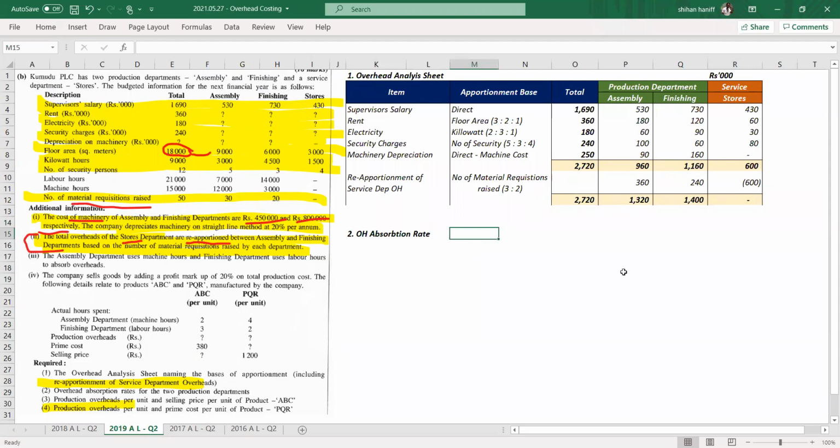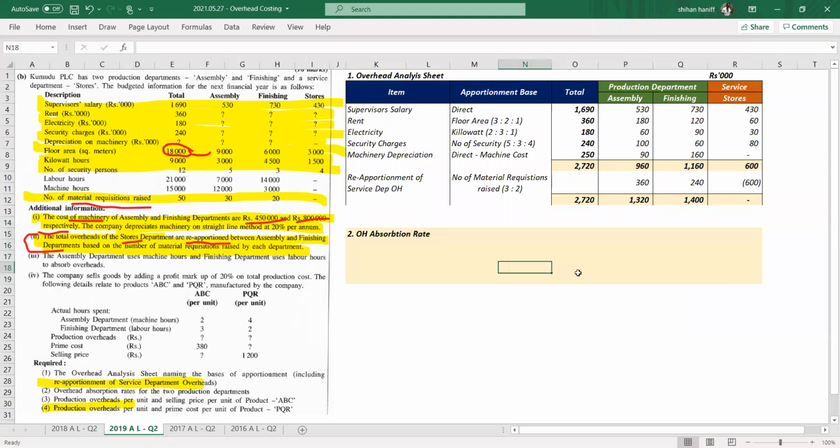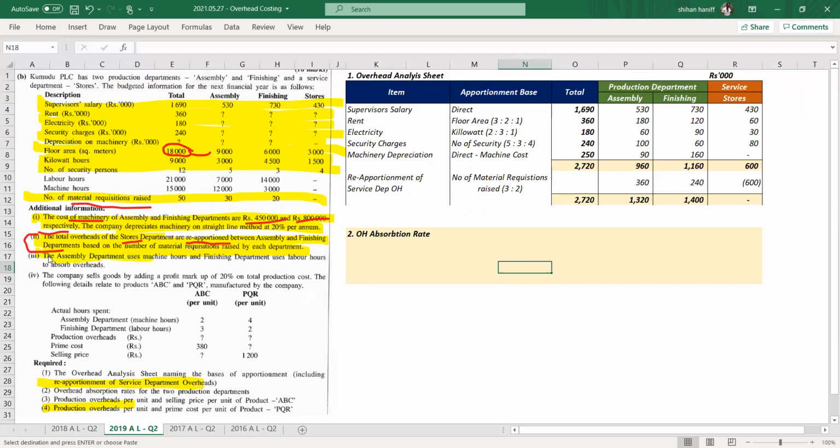How do we calculate the overhead absorption rate? Here they have said the assembly department uses machine hours and finishing department uses labor hours to absorb overhead.